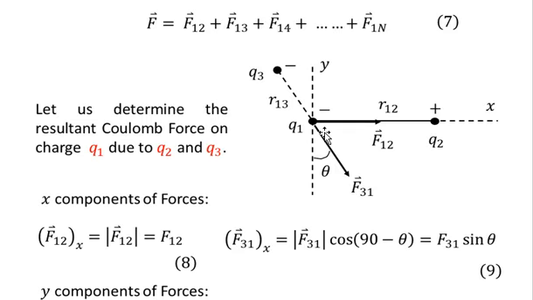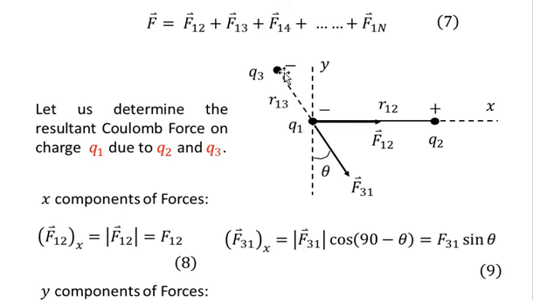The slope of this line will also give you the value of the angle theta. And you know that the slope is given by y2 minus y1 over x2 minus x1. That is, tan of theta is equal to y2 minus y1 over x2 minus x1.